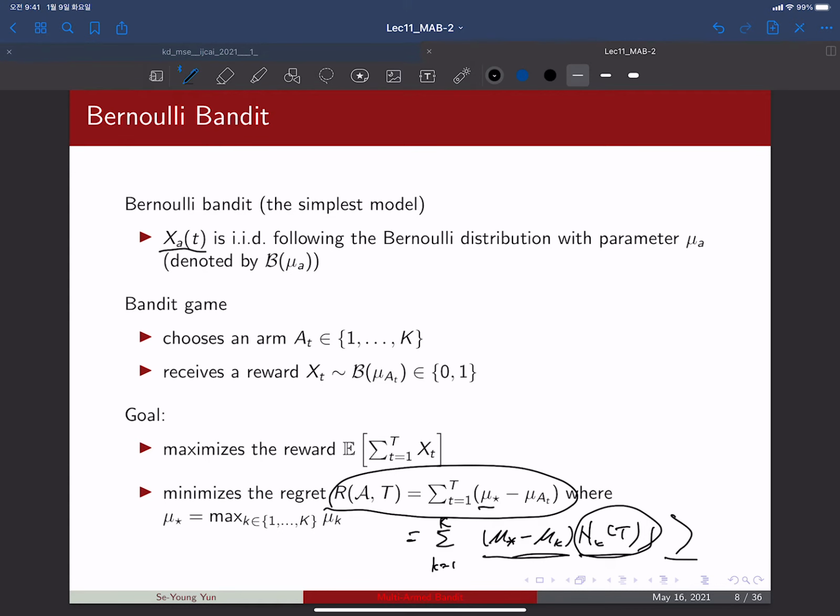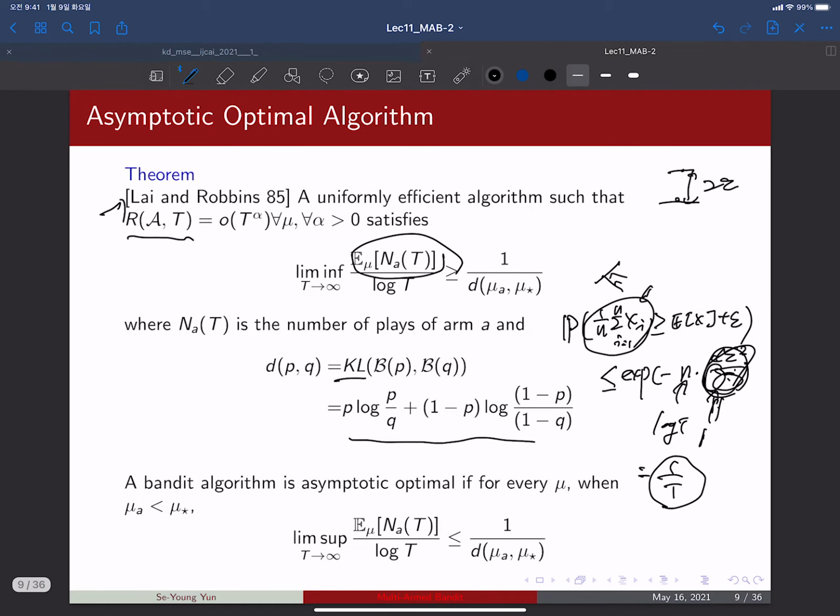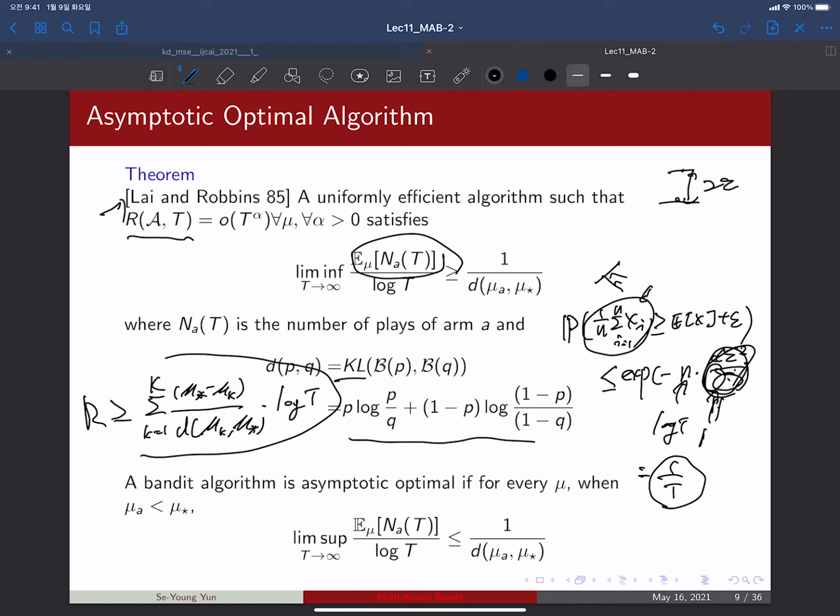The regret is lower bounded by the sum over k from 1 to capital K of mu star minus mu k over KL divergence of mu k and mu star, times log T. So for the Bernoulli stochastic bandit case, every algorithm has at least this amount of regret.